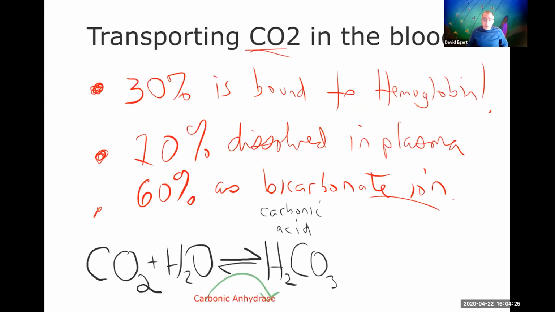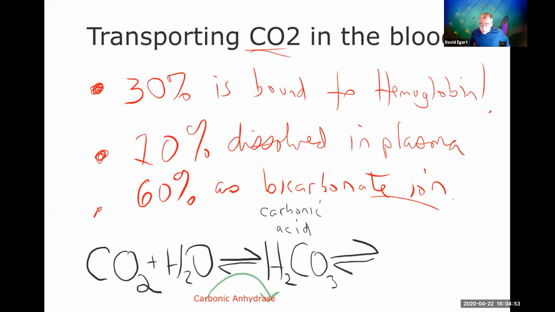So carbonic anhydrase is this enzyme that converts CO2 and water into H2CO3, carbonic acid. And again, it's in equilibrium. It's going to depend on the concentrations of the reactants and products which direction this goes. It goes both ways easily.